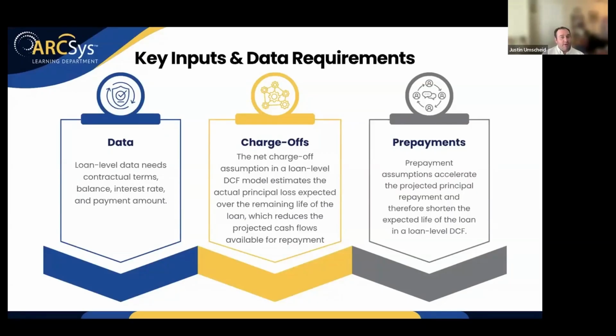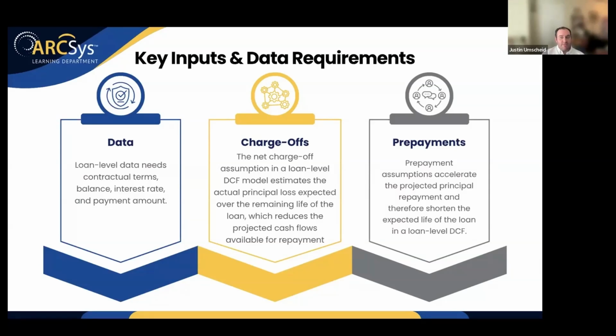Now, one thing to keep in mind, if you're not using your own institution-specific charge-off or prepayment data in your model, is you're generally going to have to do some sort of exercise that looks at your own charge-off rates or assumptions versus what you're building in the assumptions within the model to make sure there is not some huge discrepancy between the two.